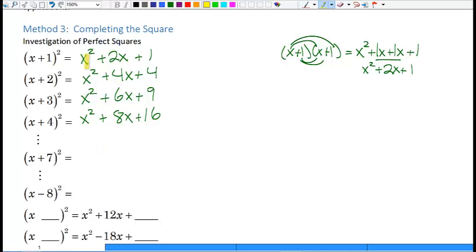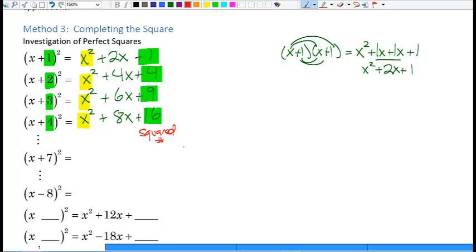One thing that people usually notice is that the first term is always just x squared. Another thing that they'll notice is that the last one is the square of the number. So 2 squared is 4, 3 squared is 9, 4 squared is 16. So this is the number squared.